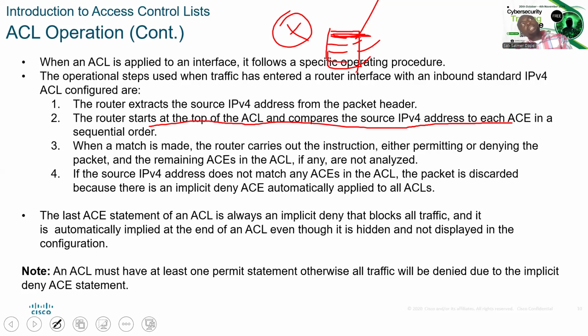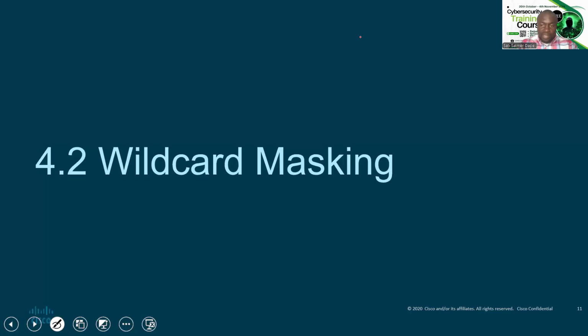When we say implicit deny, what we simply mean is that by default, it is configured to deny traffic. So your access list statements are to permit, or you want to deny some, you deny some and stuff like that. Any other one that does not fit in is denied. That is just the point.